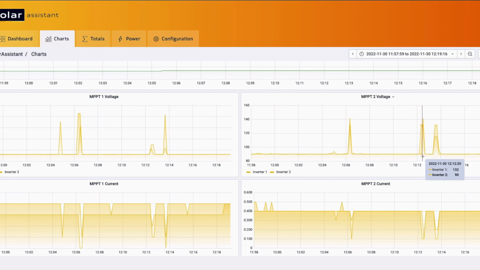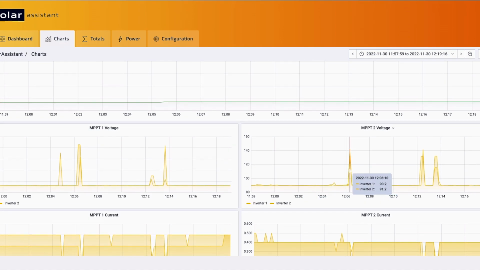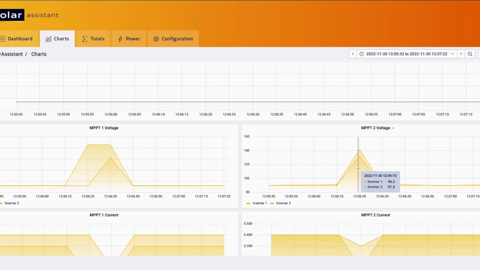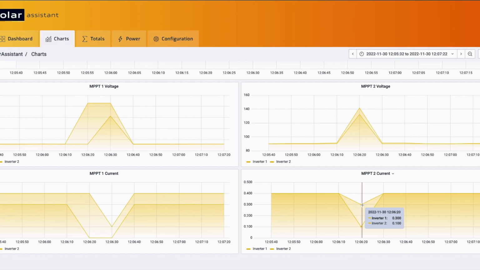It's very interesting to see that the voltage spikes. I don't know what correlates to the spikes, but I mean, that is within that range of when the disconnect is happening.